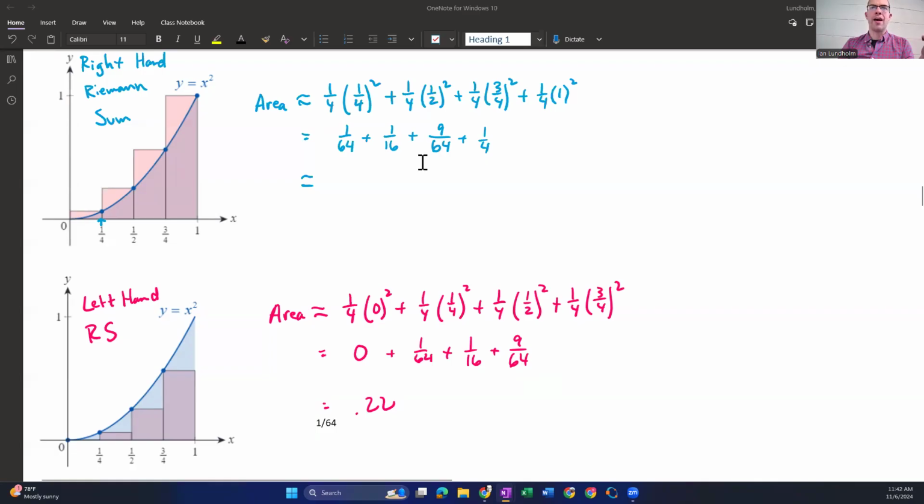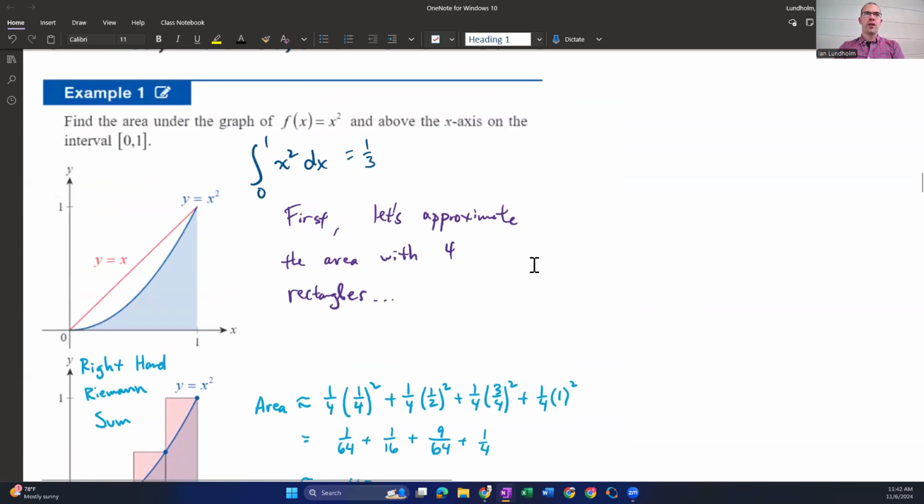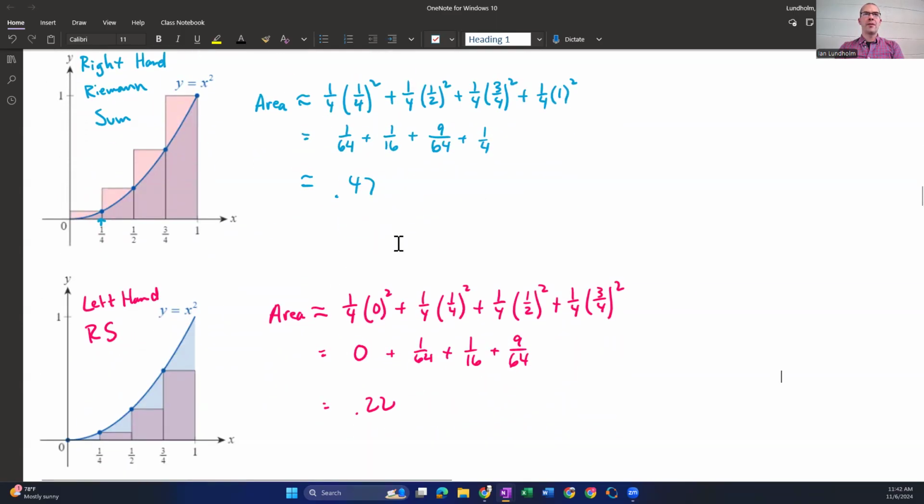When we add a fourth onto that, we'd be adding on 0.25, and that would be roughly 0.47, which is okay. Those are roughly on the order of 1/3, what we were aiming for.